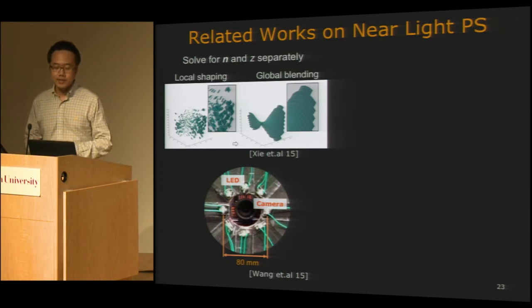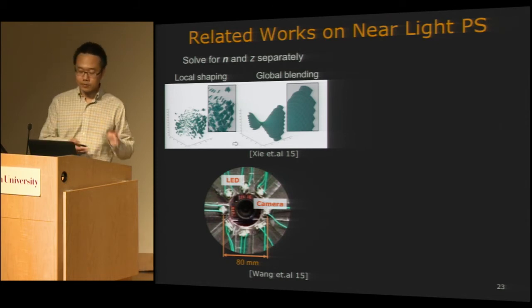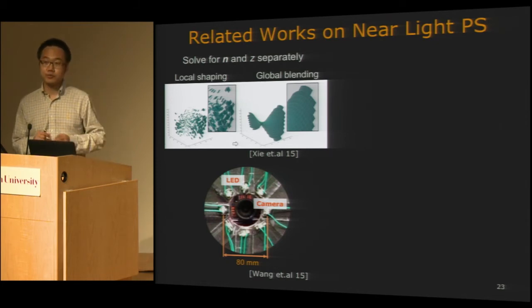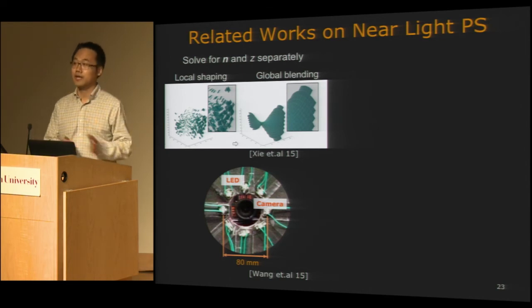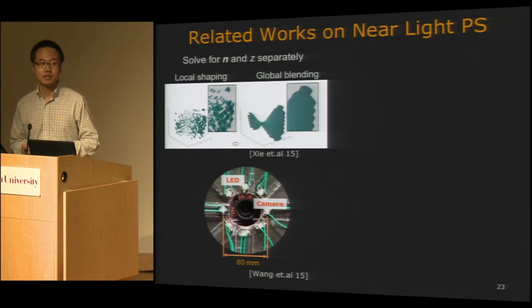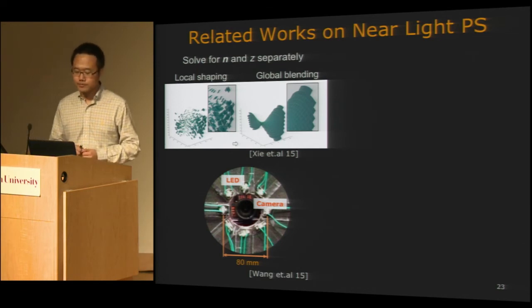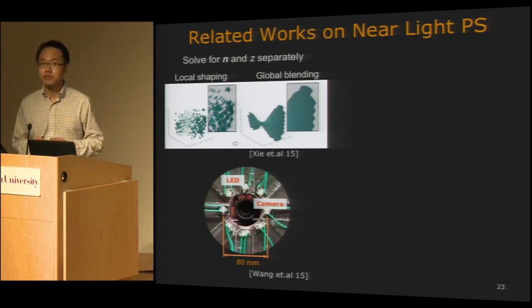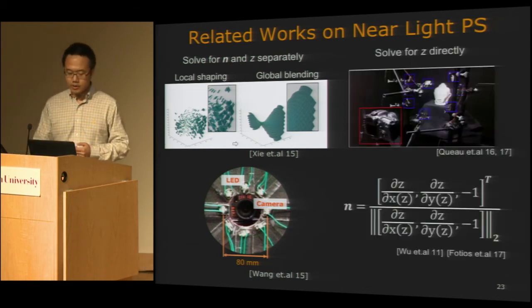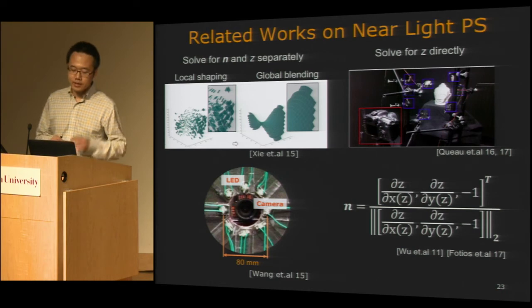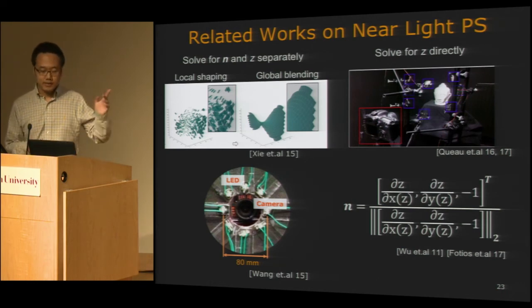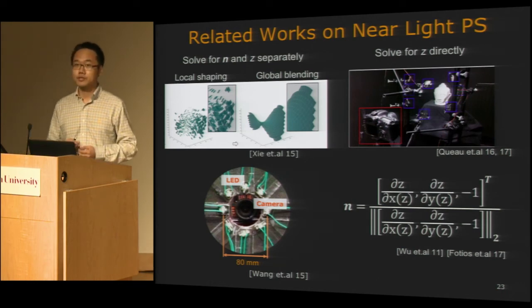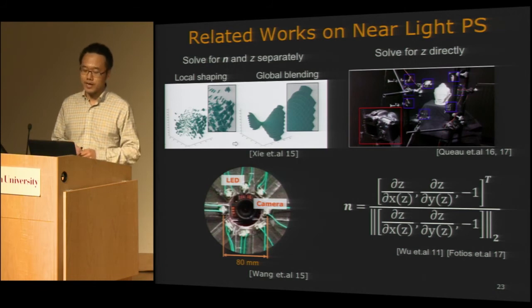So we can divide the near light photometric stereo into two kinds. One is to solve for the surface normal and depth separately, and then combine them using some smoothness constraint, such as integrability. But in the real world, the surface normal is fully determined by the depth. So another kind of method instead solves for the depth directly. In this method, the surface normal is represented as a function of the depth.